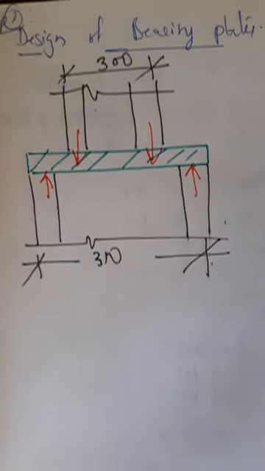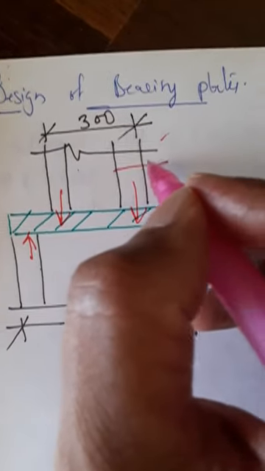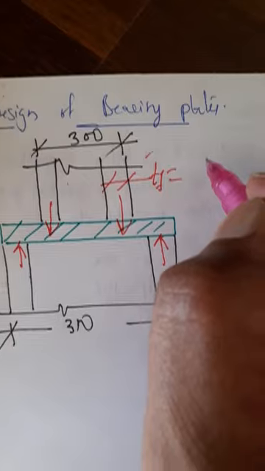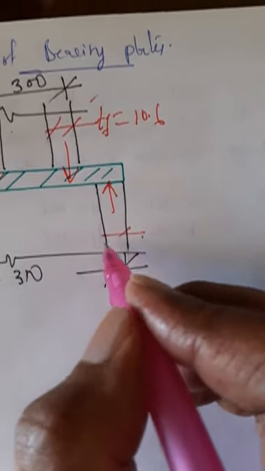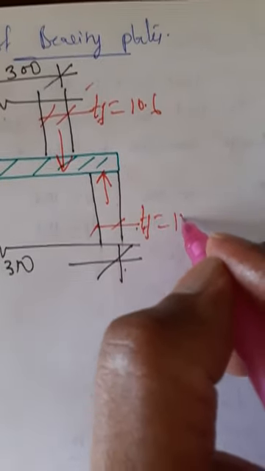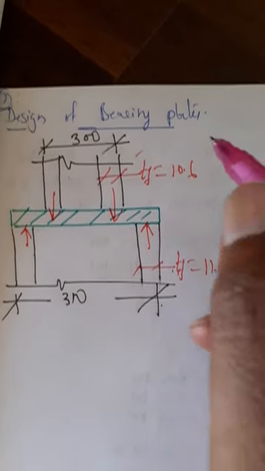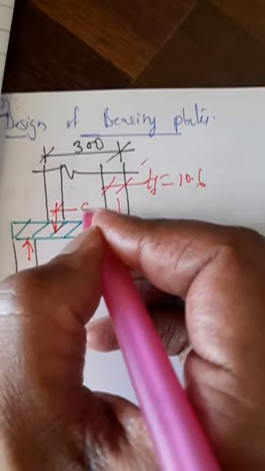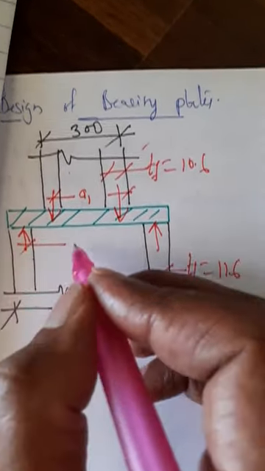Now let me write these dimensions. This is TF of top, that is 10.6. I have this value from steel tables. And thickness of flange for bottom 11.6. So let this dimension be A1 and this dimension be A2.